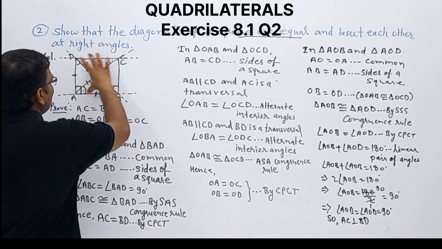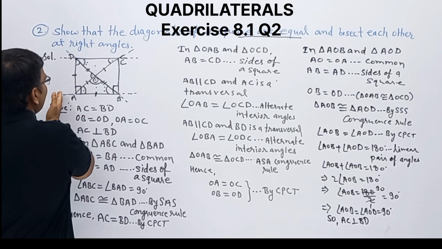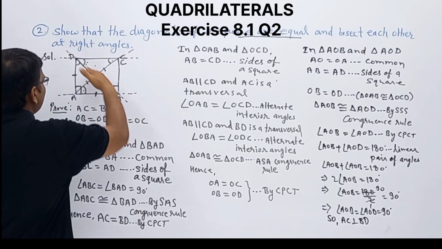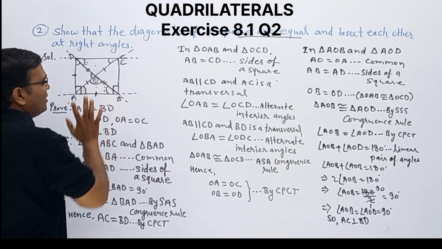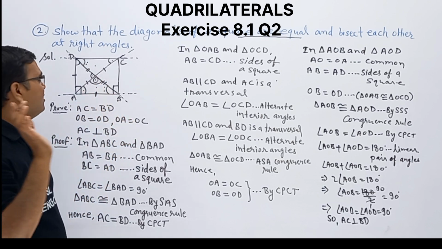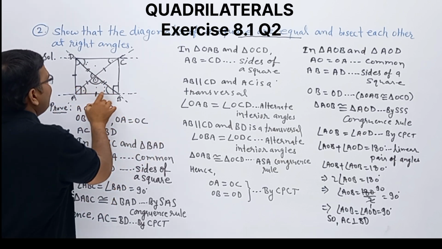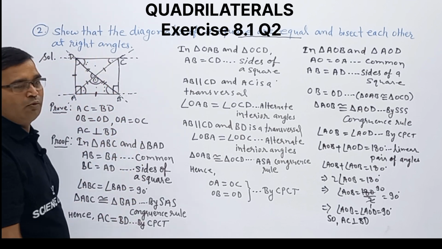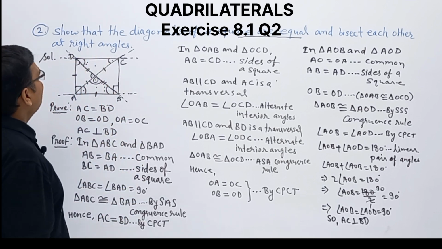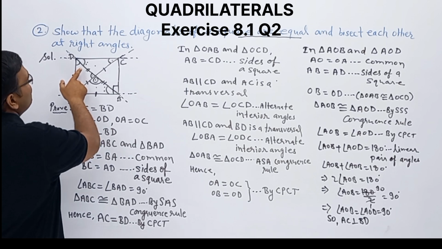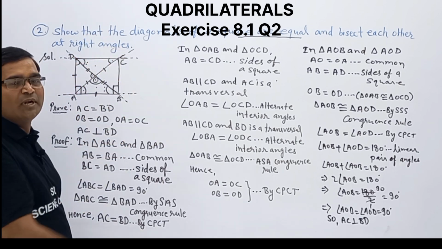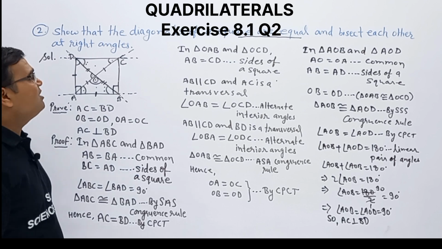We will consider these 2 parallel lines, and this one is transversal, then this angle equal to this one. These 2 parallel lines and this one transversal, then this angle equal to this one. So 3 things we obtained. So from the angle side angle congruence rule, we proved that these 2 triangles are congruent. Once we proved, then corresponding parts of these triangles will be equal. This side equal to this one, this side equal to this one. We proved that diagonals are bisecting each other.